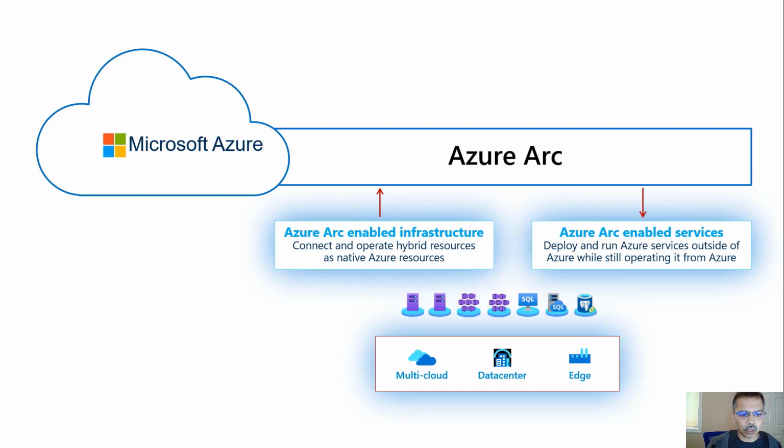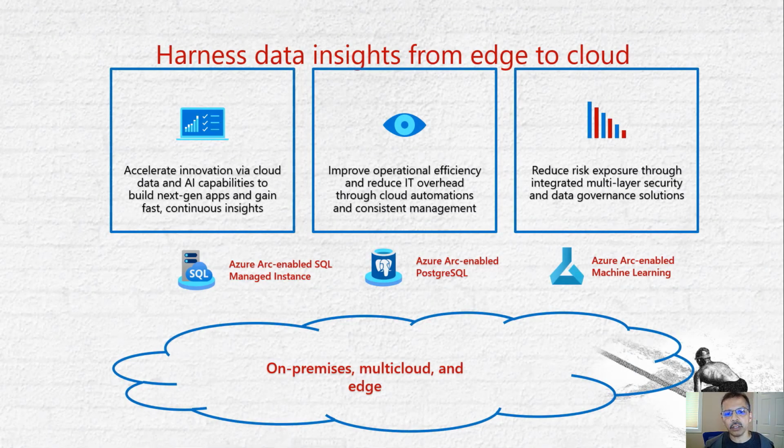So what essentially are the real ways how you can harness data insights? Let's take one of our retail customers who is a grocery chain. With Azure Arc, they can innovate via the cloud data and AI capabilities to build next generation applications and gain fast continuous insights. They can improve the operational efficiency and reduce IT overhead through cloud automation and consistent management.